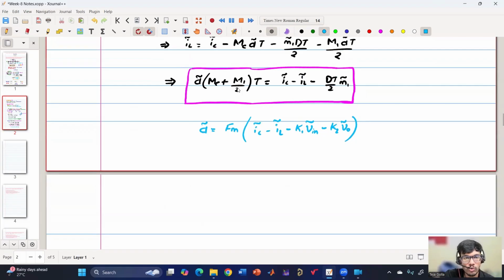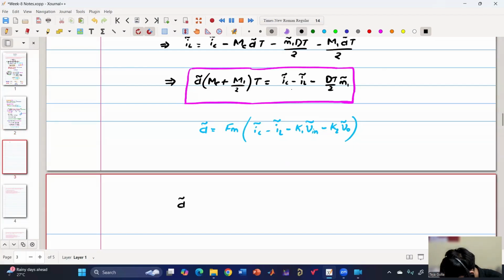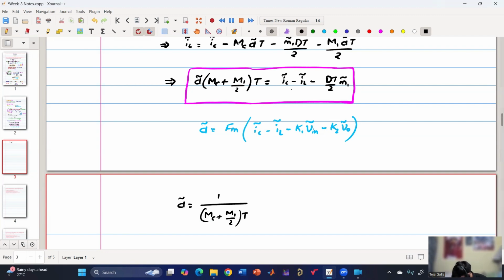First of all, I have to bring the constant on this side, right? So I will get D perturb equal to 1 by MC plus M1 by 2 into T, multiplied by IC perturb minus IL perturb minus K1 into Vn perturb minus K2 into V0 perturb. Agree?